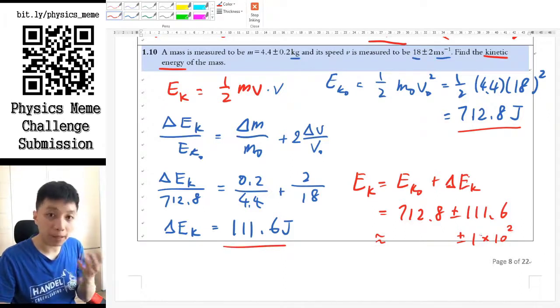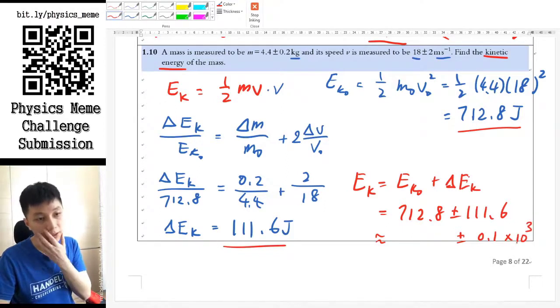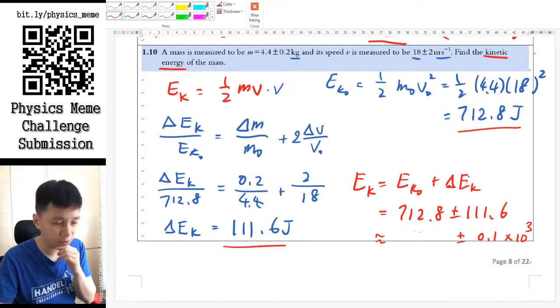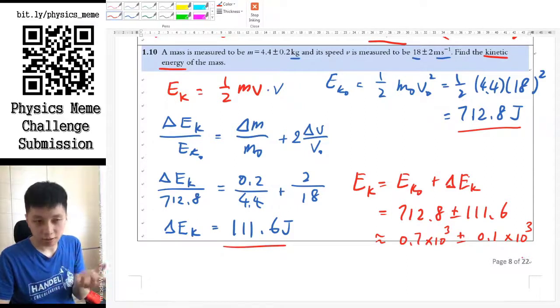Actually, I should show it as 0.1 times 10 to the power of 3, because it's 100. I think this way fits scientific notation better. And this one will be 0.7 times 10 to the power of 3 in this case. So that would be the way to do it with 1 sig fig.